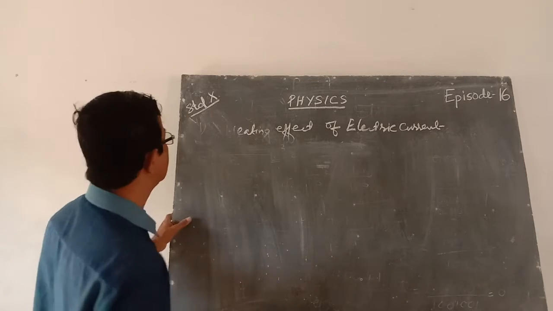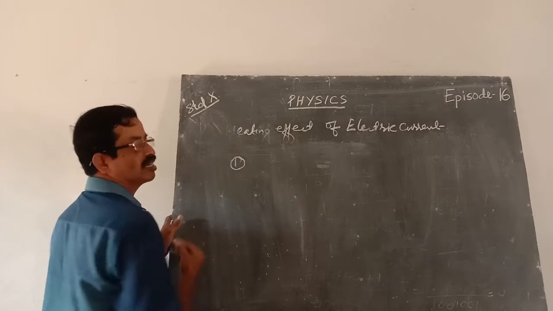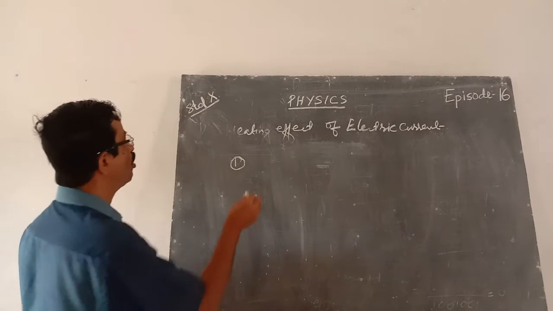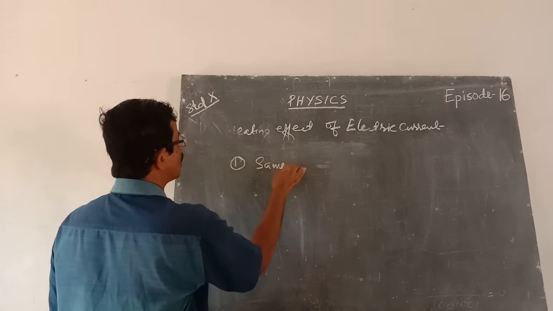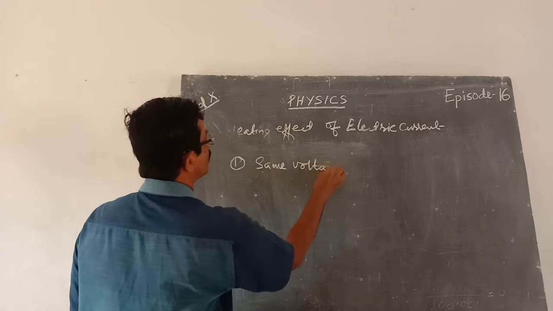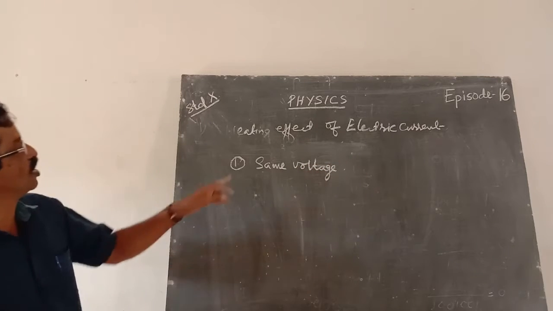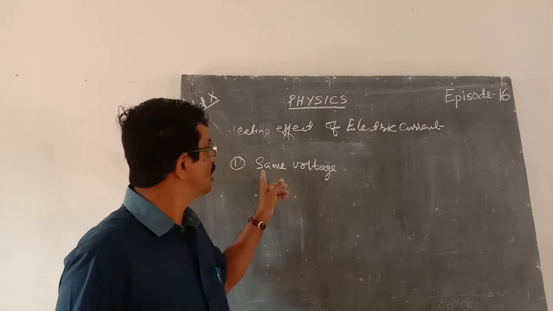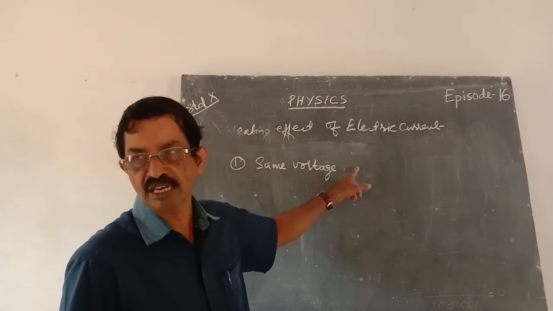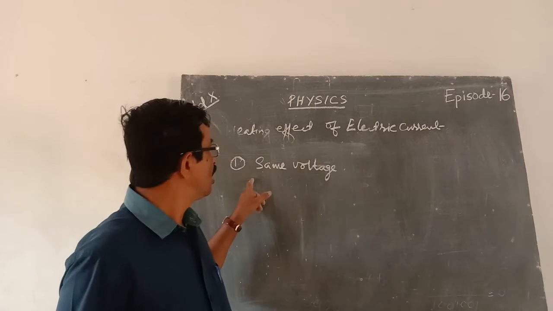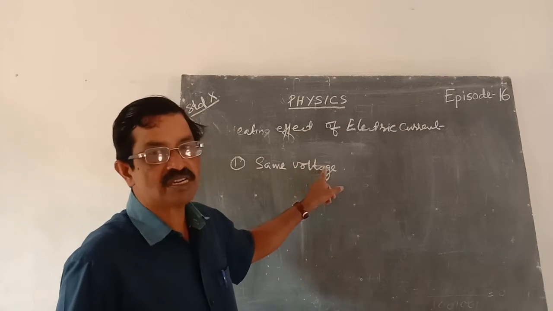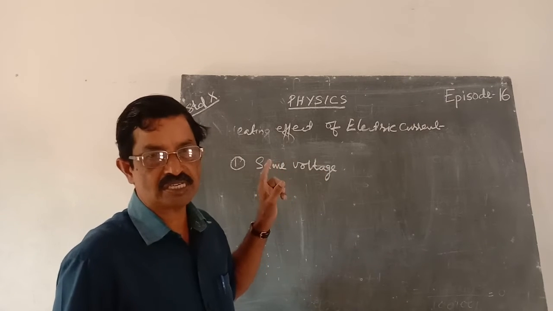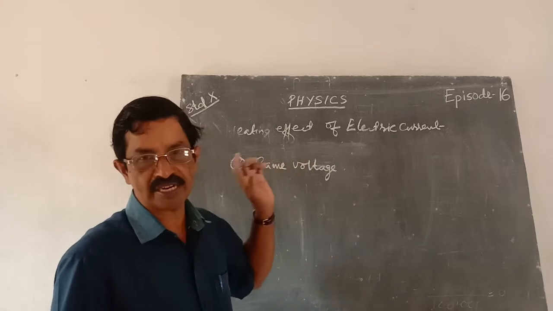Among that, one is that each appliance gets the same voltage. That means when we connect appliances in parallel with the battery, each gadget or appliance gets the same voltage, that is, the voltage we apply.